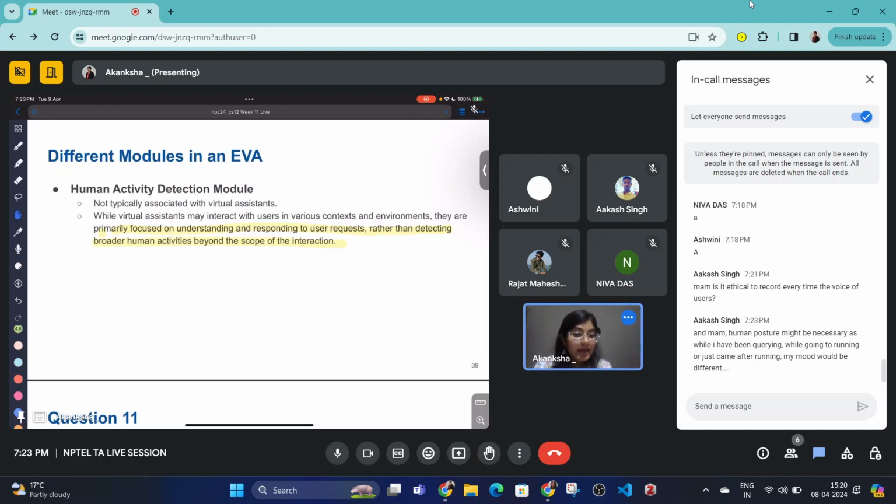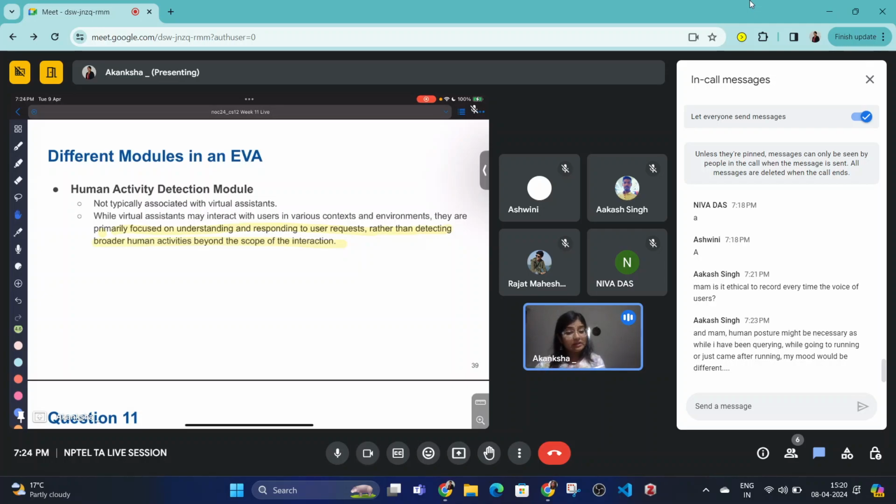So Akash, we are talking more about agents such as, suppose, an affective auto tutor, where even if you're considering the body posture, like how the student is sitting, it depends on the application, but mostly these virtual assistants don't require activity detection. If you are talking about a sports related application, or any application where body posture is necessary, we have different sensors.